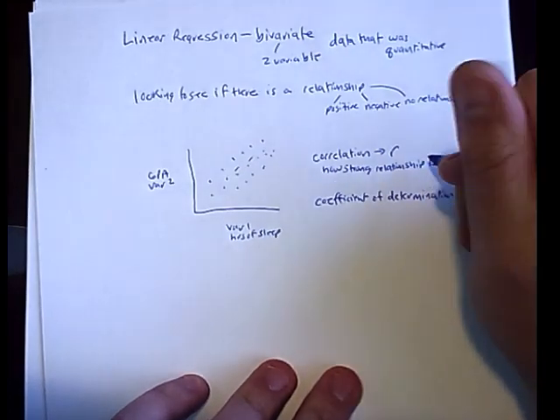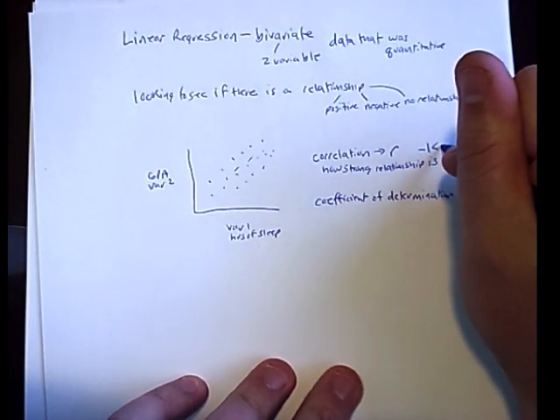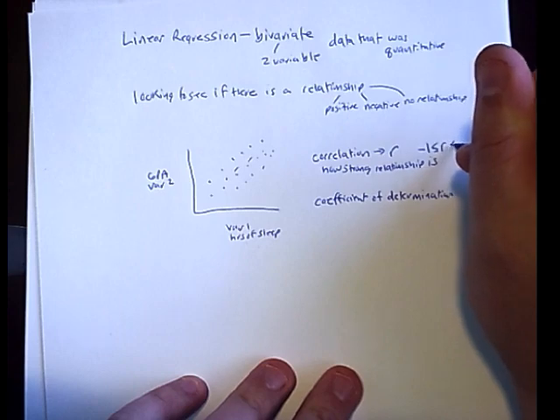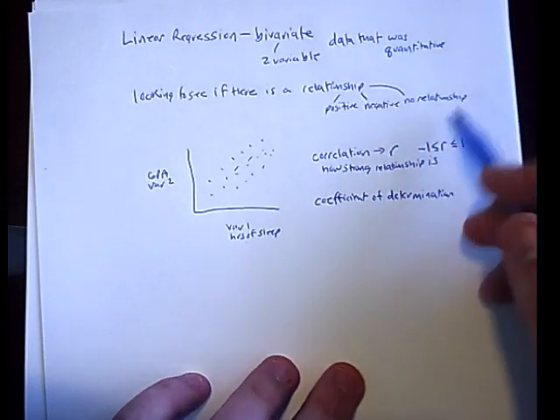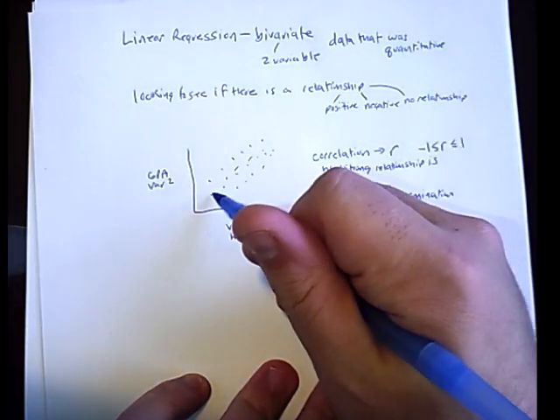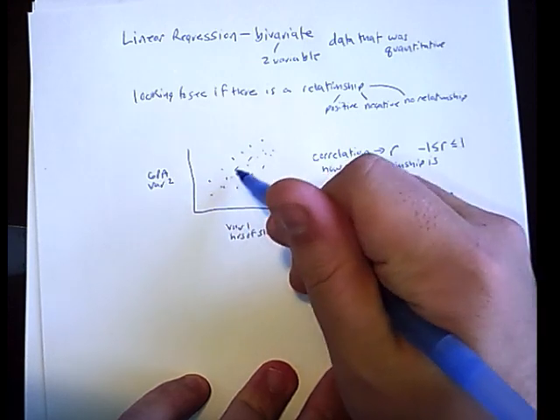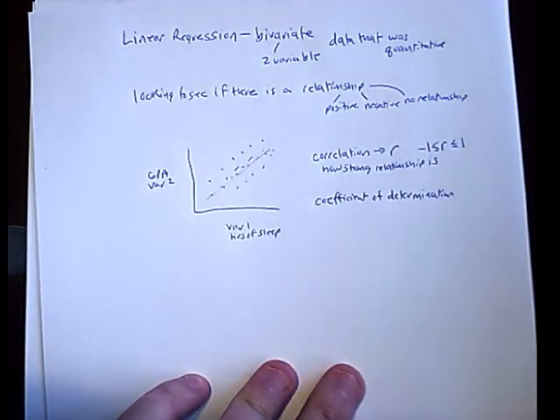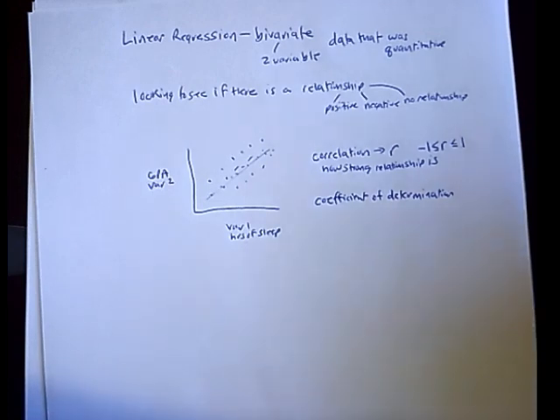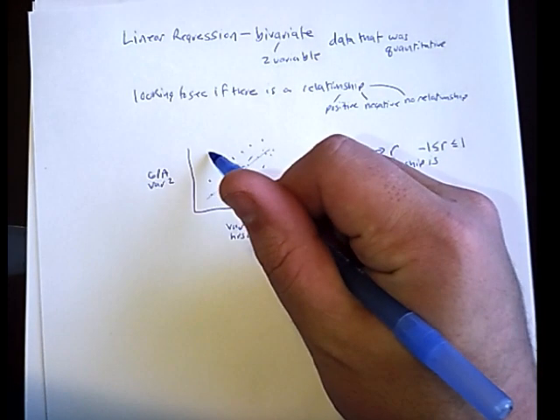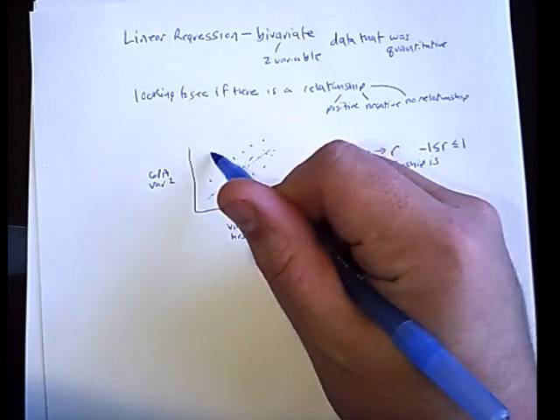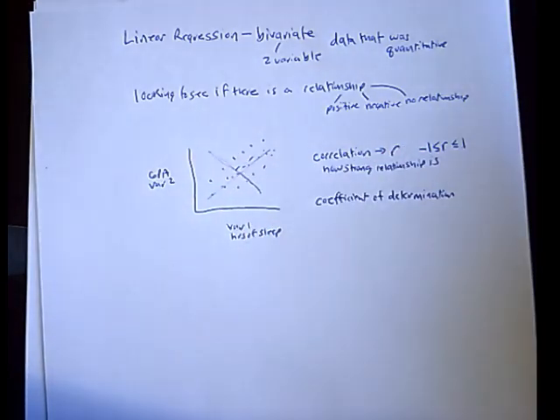This R has to fall somewhere between -1 and +1. If it was +1, the data points would fall directly in a straight line, exactly linear, with equal slope between all the points. If it was -1, the data points would fall in a straight line, but going down. That's what the correlation determines.